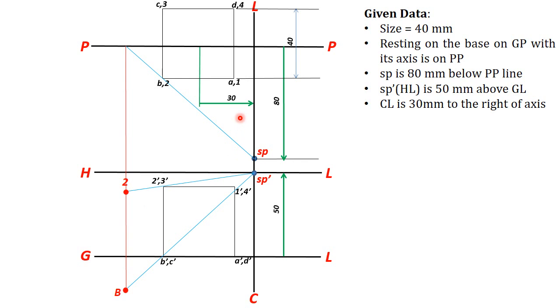The other 2 points you can find using the same procedure. Draw the visual ray in the top view from SP to A and extend it to the PP line to get the intercept, then draw a perpendicular projector line. Then draw the corresponding front view visual ray from SP dash to A dash and extend it to the perpendicular projector line.